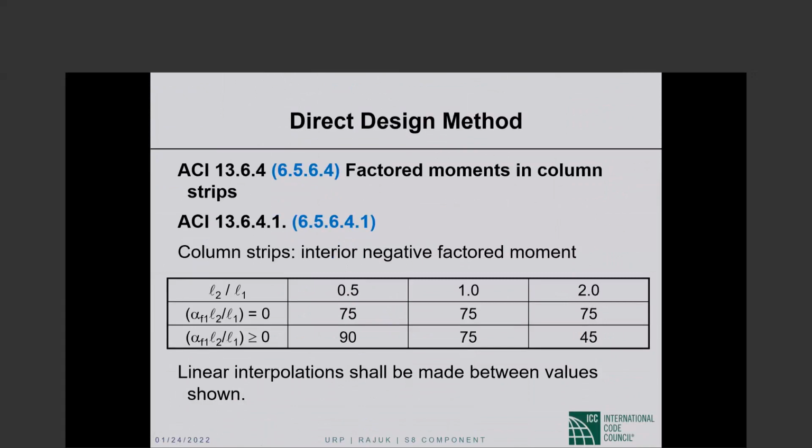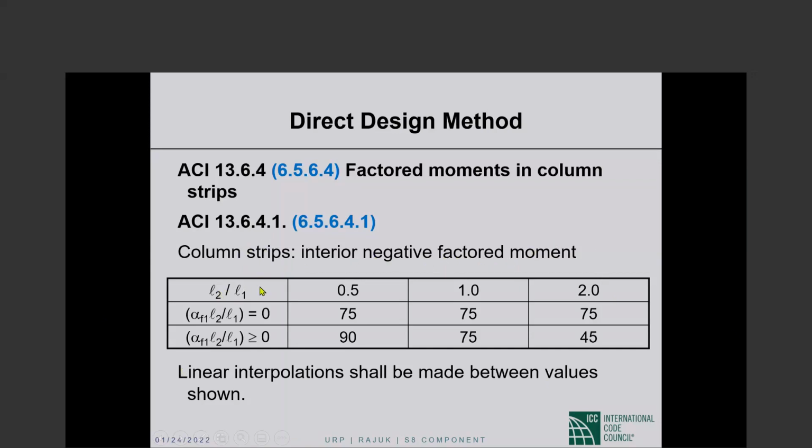So, interior negative factored moment. How much of that goes to the column strip is what this table is telling us. The total interior negative factored moment over the entire panel width, how much of it goes to the column strip. Okay.